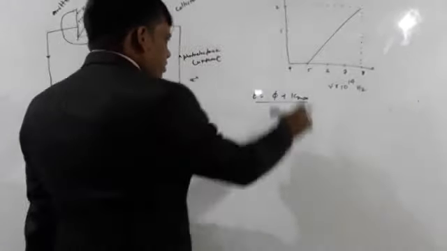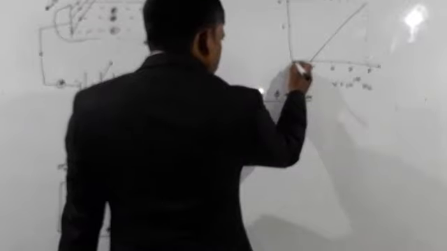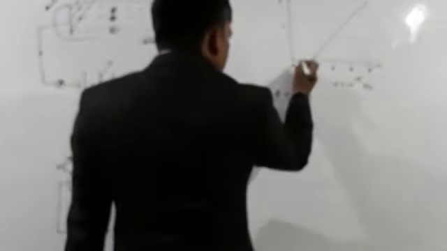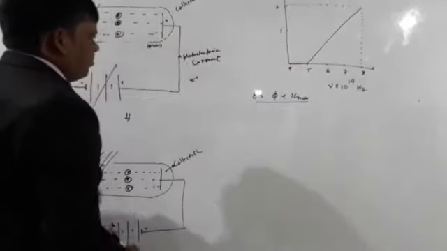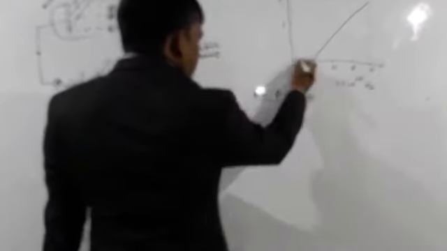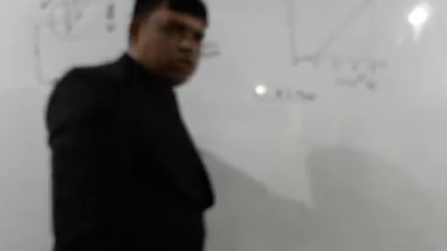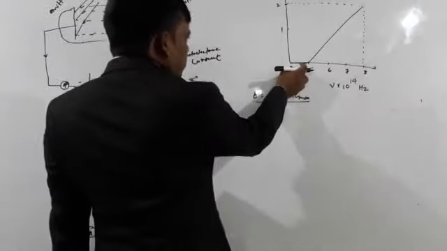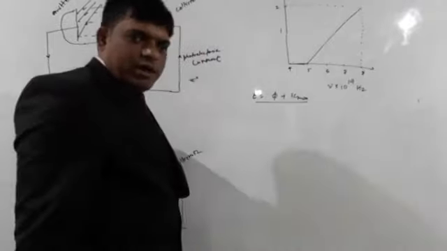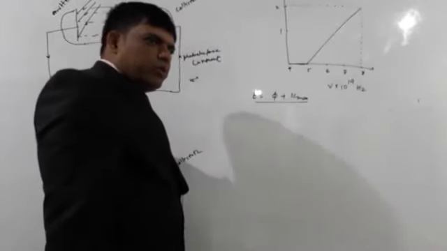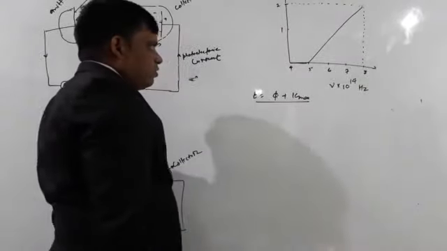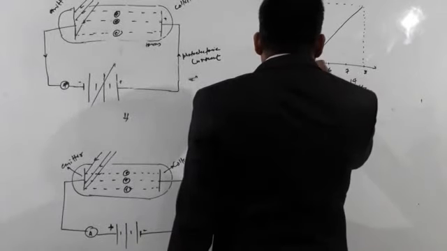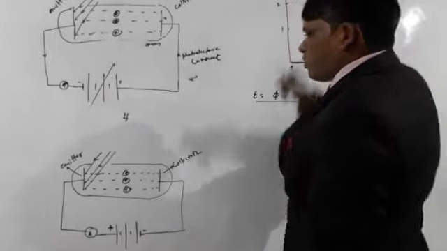Here these are the frequencies. If the frequency of the radiation falling on the emitter is smaller than the threshold frequency, then no electron will be ejected from the emitter, and hence to stop them no stopping potential will be required. So up to this frequency there is zero value of the stopping potential.